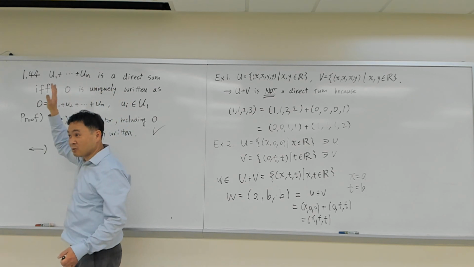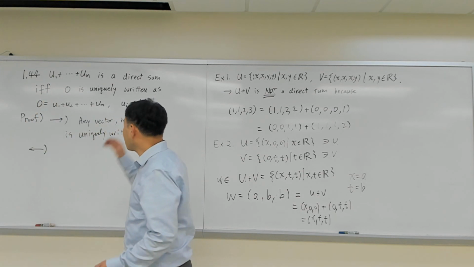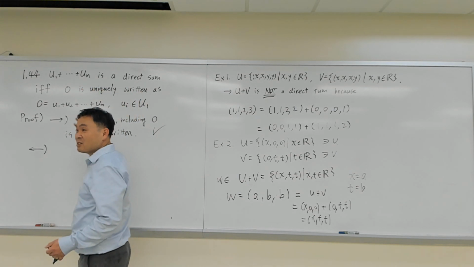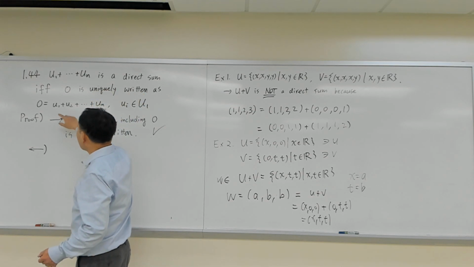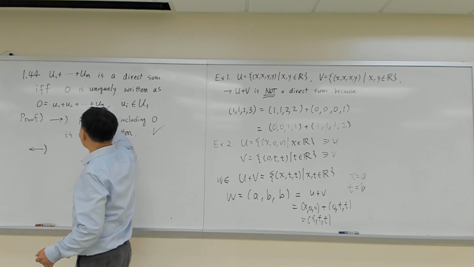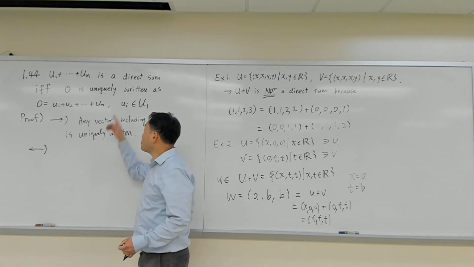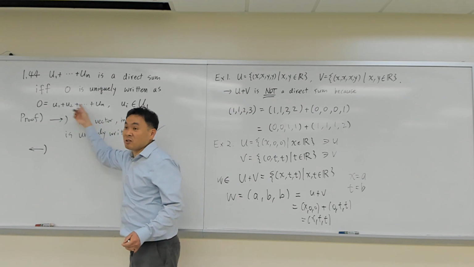That's what we have to show. Now, again, a lot of times what's given is not readily available for use, so we have to think about what this means. How can you represent 0 as a sum of different vectors? If it's a unique way, there's only one way to do it. What would each of these be?